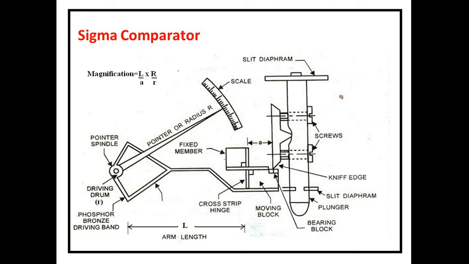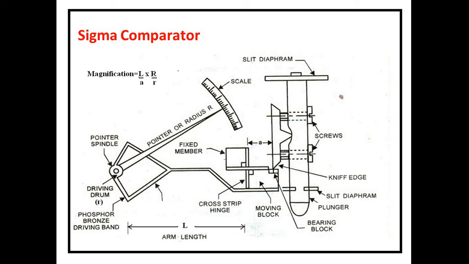Now because there is going to be a slight difference between the size of the actual shaft and the size of the master, due to that, this plunger will move either in upward direction or in downward direction, isn't it? So this movement of the plunger due to the dimensional difference between master component and actual component is to be magnified. That is our objective.